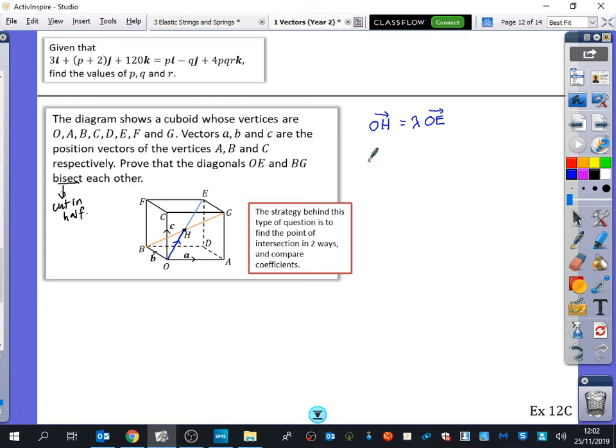Well, it looks like I better work out what OE is equal to. What's OE equal to? A plus B plus C. So OE is A plus B plus C. So now we've got that OH is all of that multiplied by lambda. So that's lambda A plus lambda B plus lambda C.